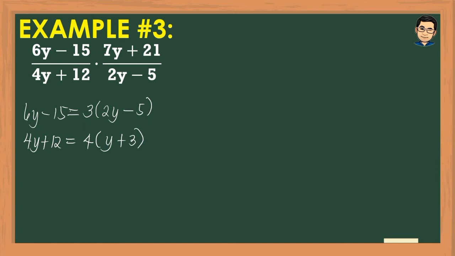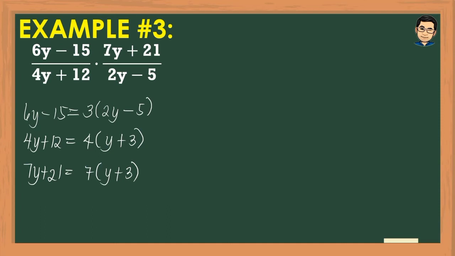And then yung 7y plus 21 naman, ang GCF po is 7. So 7 times 7y divided by 7, that is y. 21 divided by 7, that is 3. What about 2y minus 5? So ang GCF po nila is 1. So yan na po yun. So, hindi na po natin pwedeng i-factor pa.